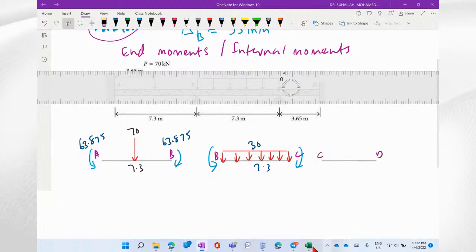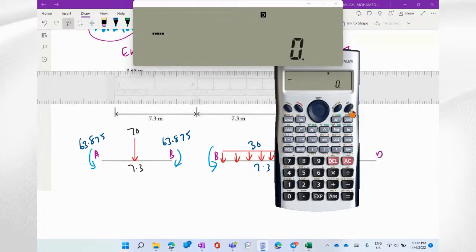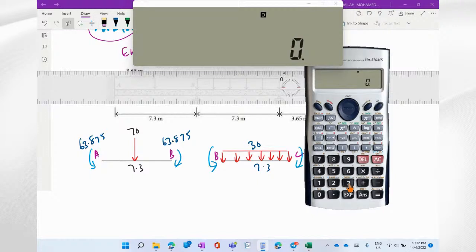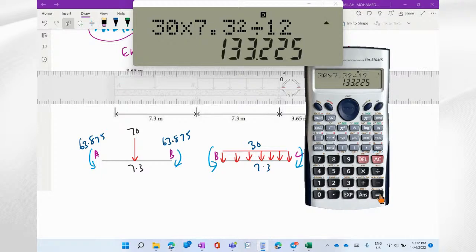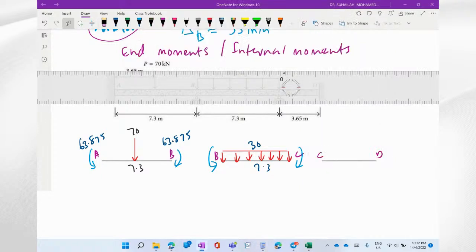W is 30, L squared is 7.3 squared, over 12. This is 133.225. So these are the fixed end moment values that we put into the table under column FEM.